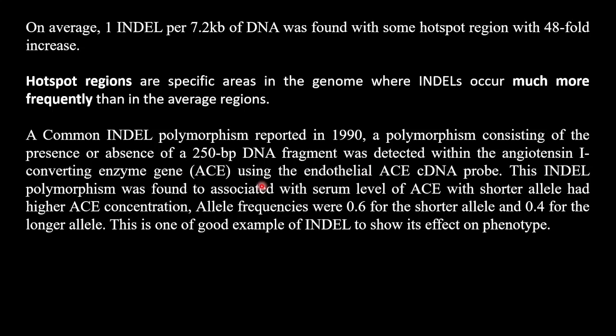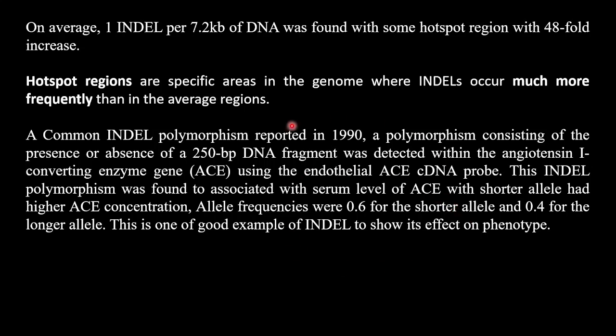And you can see there are two variants of the ACE. One is the shorter variant, which produces a high ACE concentration. High ACE concentration means high blood pressure, because it will lead to the constriction of the blood vessels. And if it is longer, then that will protect from high blood pressure.